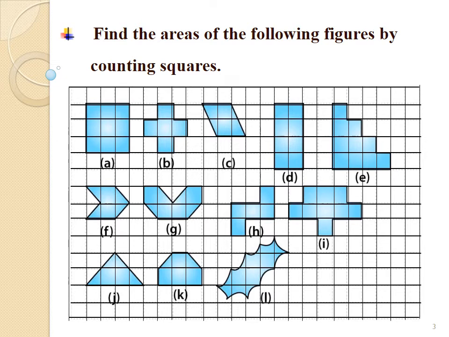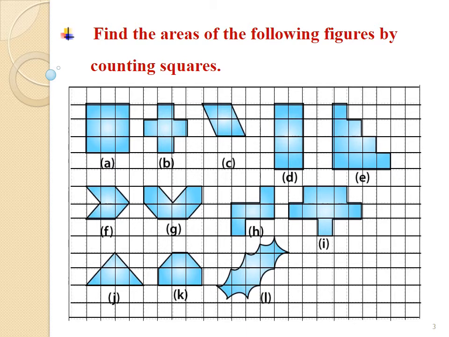Exercise 10.2. Question number 1. Find the areas of the following figures by counting squares. Students, while finding the area of a figure by counting the number of squares in it, you have to keep the following points in mind. Point number 1: the area of one full square is taken as 1 square unit.